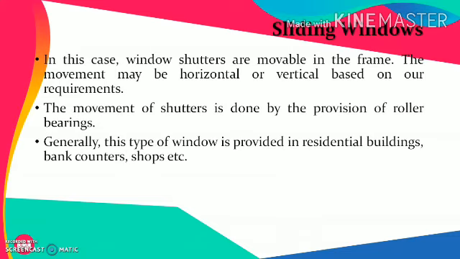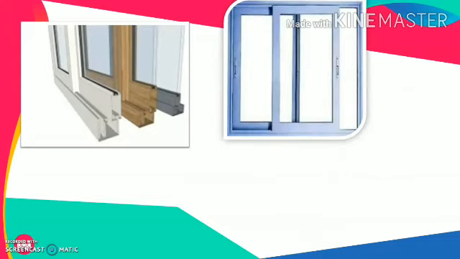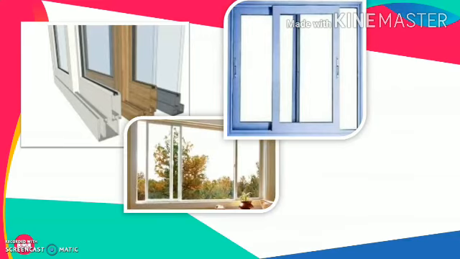Generally, this type of window is provided in residential buildings, bank counters, shops, etc. So this is the cross section of the elements which are used for the rolling of the shutter. They can be made of either aluminium, metal, or in very rare cases they can even be made of wooden elements. This is the picture of the sliding window.